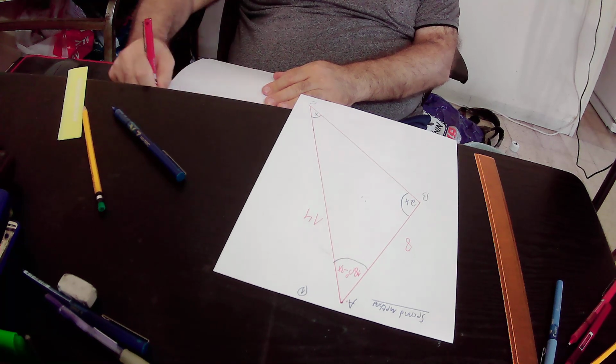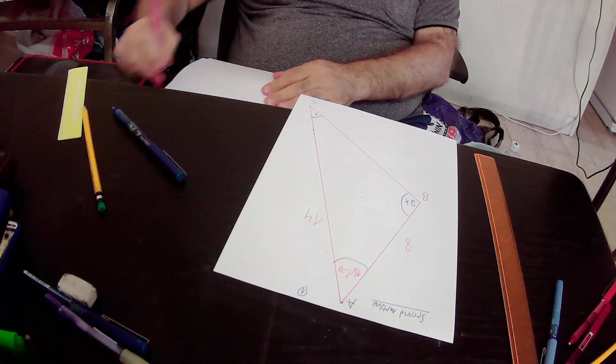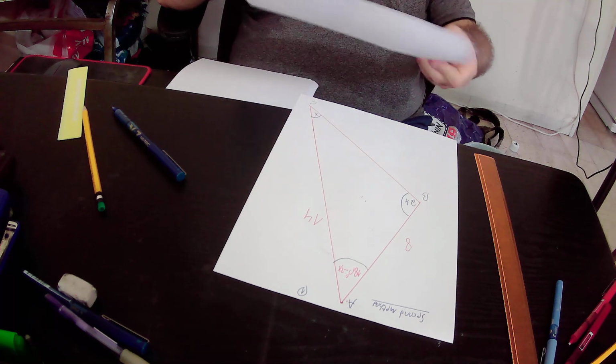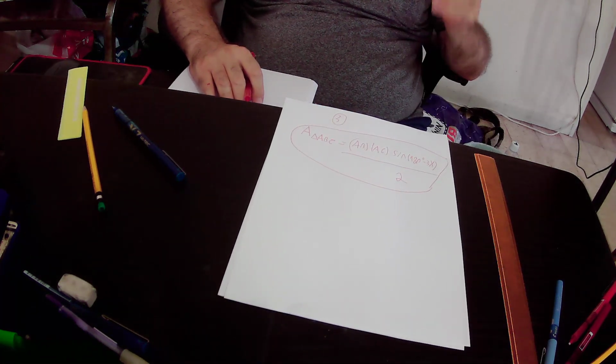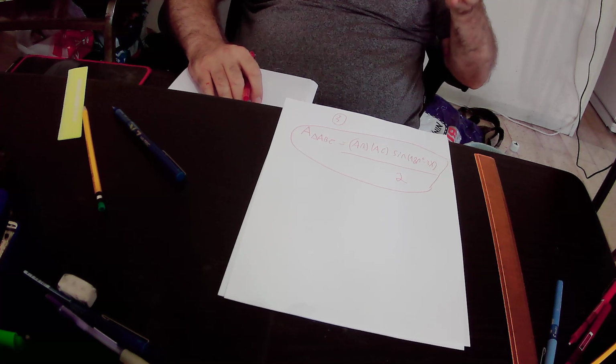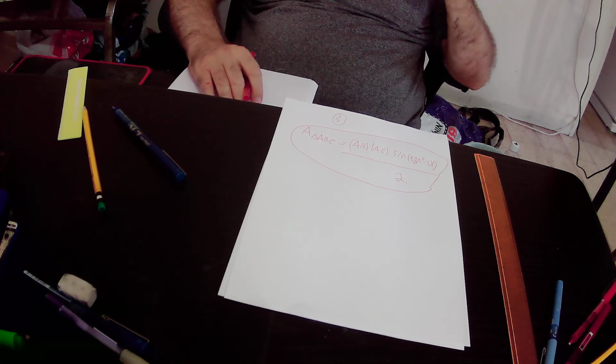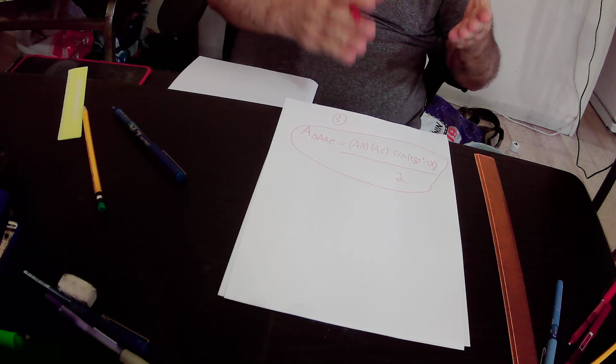So the area of triangle ABC equals AB times AC times sine of 180 degrees minus 3x over 2. That is according to rule number 4.